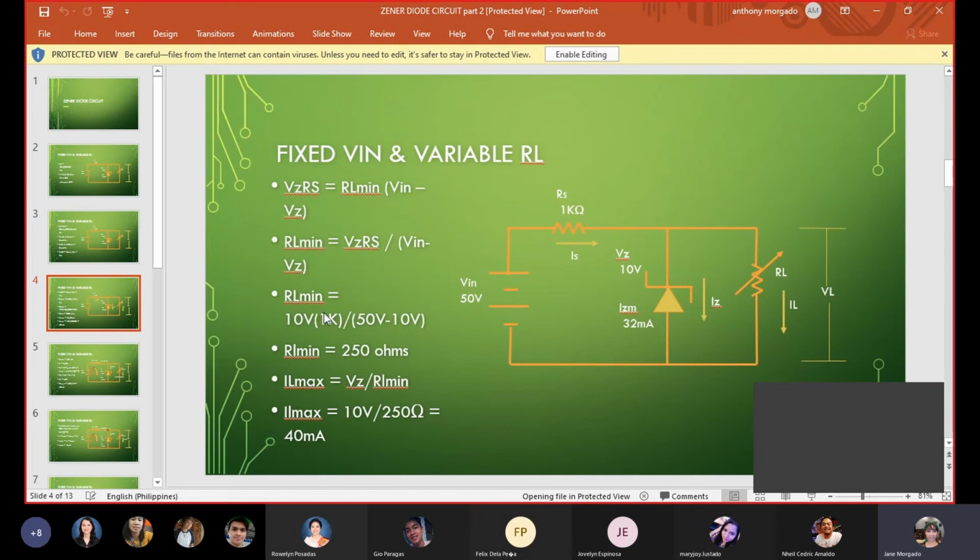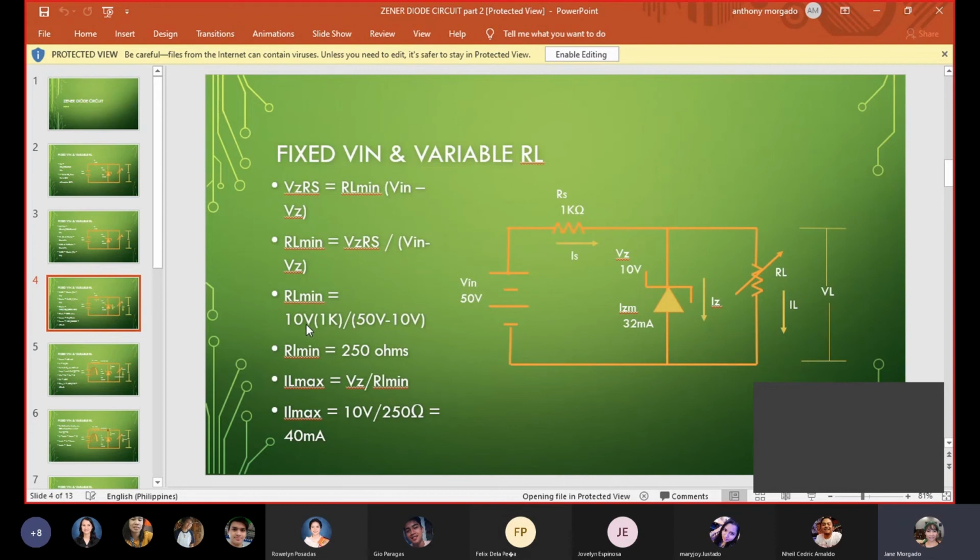So RL min is equal to VZ RS over V in minus VZ. Yun yung naging summary niya. Yung una-una, yung details on how it arrived in this formula. So, we'll just supply the values here. May mga value naman tayo, given si VZ, given si RS, and the V in.